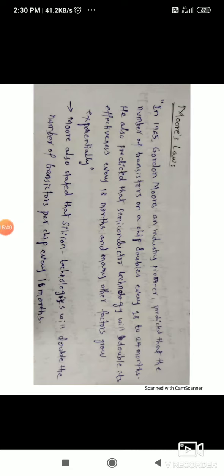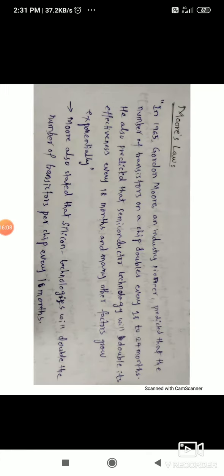Meaning every 18 to 24 months, the number of transistors in a chip doubles or increases. He predicted that.